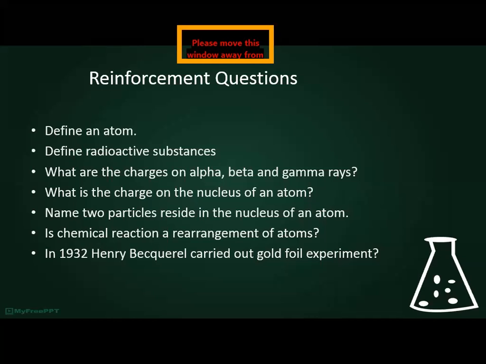A minus Z, it is the mass number minus the atomic number, and it shows the number of neutrons. A minus Z is equal to the number of neutrons.